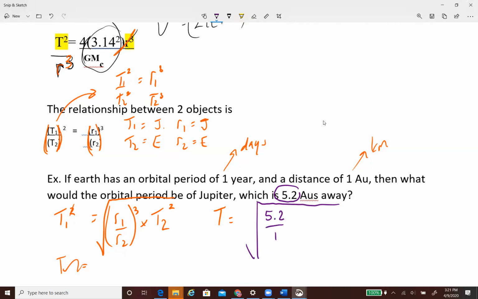That's that cubed, times the orbital period of Earth squared. So what does that give you as an orbital period for Jupiter?